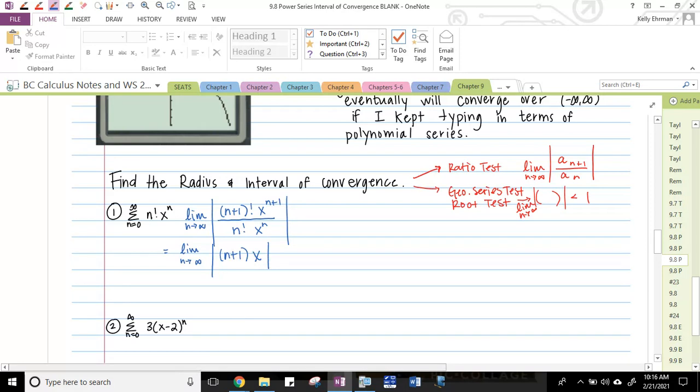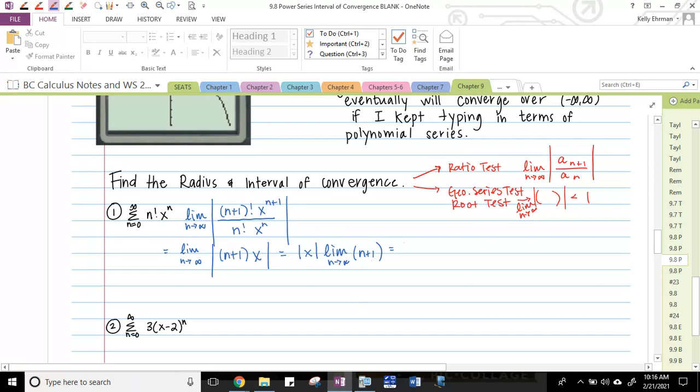Okay, and as this approaches infinity, I can think of this a couple of ways. Now remember, you're not plugging infinity in for x, so you can think of it as the absolute value of x times the limit as n approaches infinity of n plus 1. What would that equal?